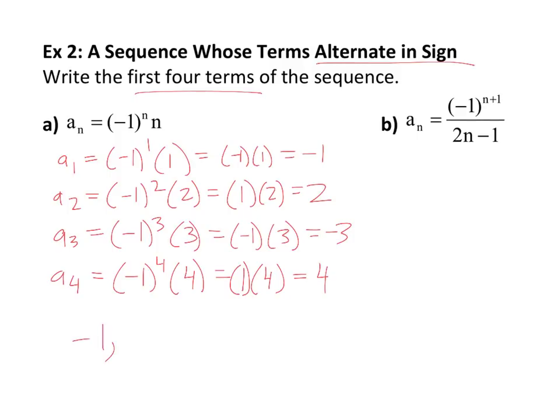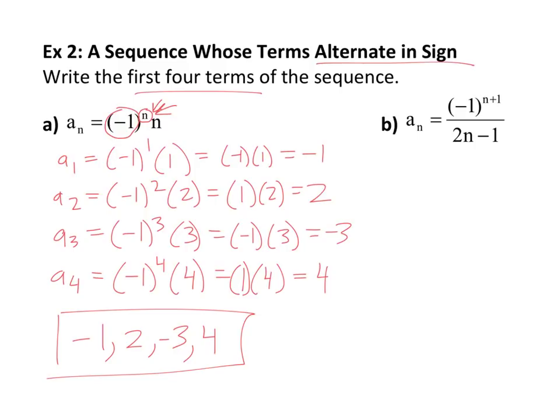All right, so the first 4 terms of the sequence are negative 1, 2, negative 3, 4. So notice how the signs alternate. And they alternate because I'm taking negative 1 and raising it to a variable power. All right, so when this is odd, the result is negative. When this is even, the result is positive.